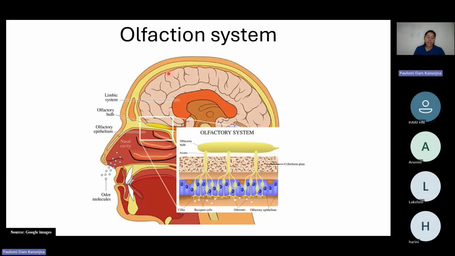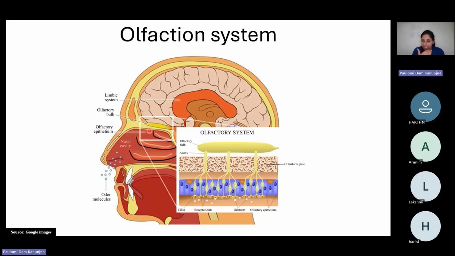The other system that you looked into in week 8 was olfaction, which is basically smell. If you look into the olfaction system, we only know about the nose, but when you dig deeper, you see many different structures. You have the olfactory epithelium, in the upper part of your nasal cavity.